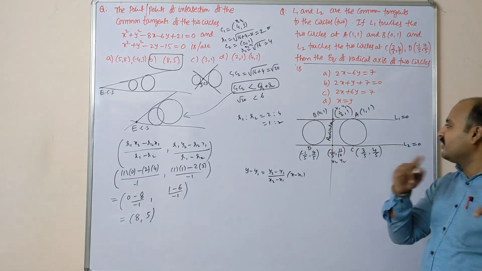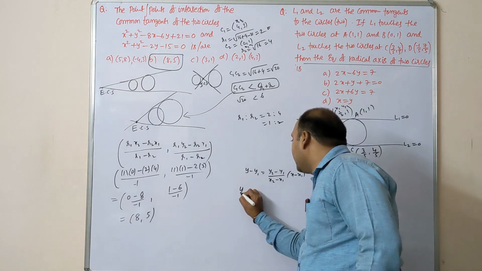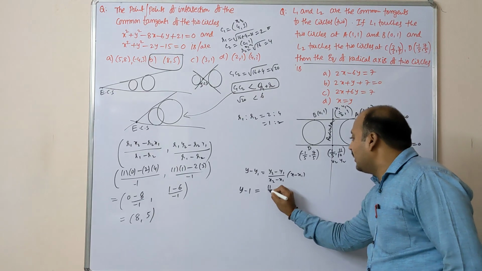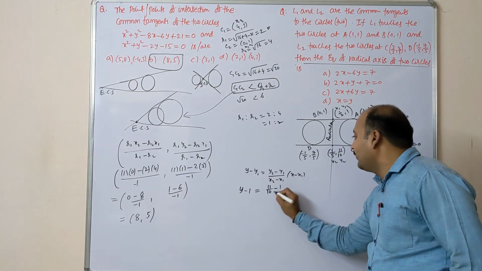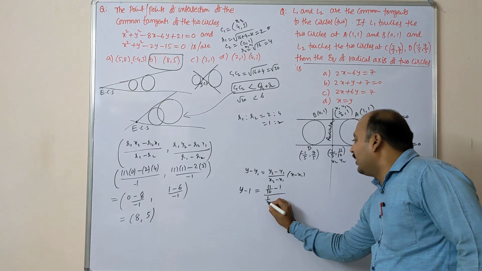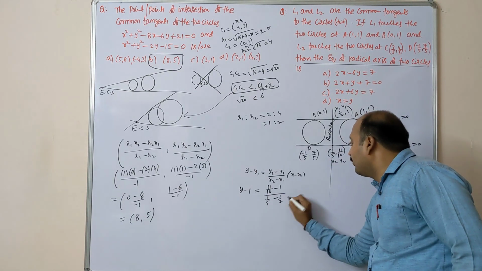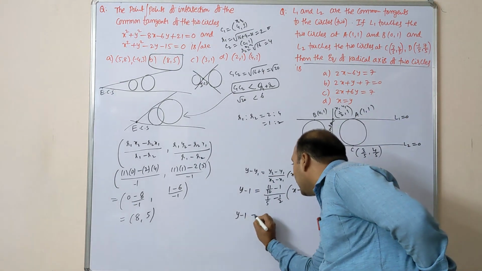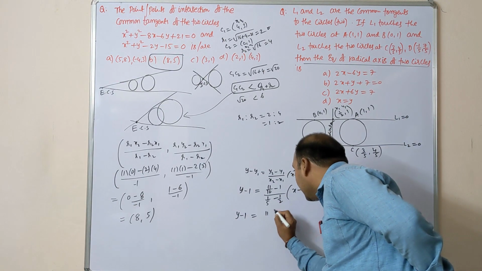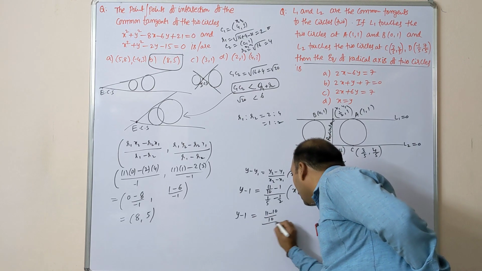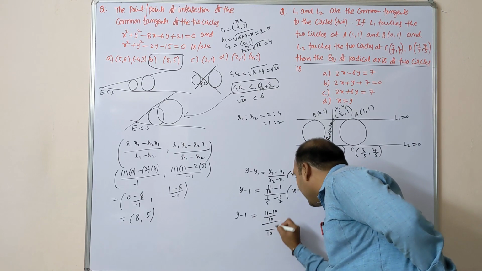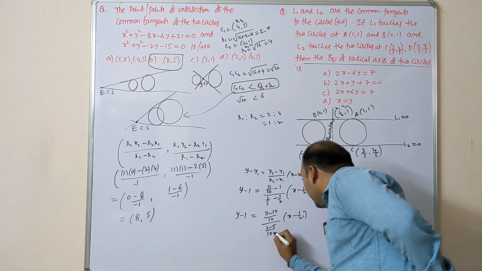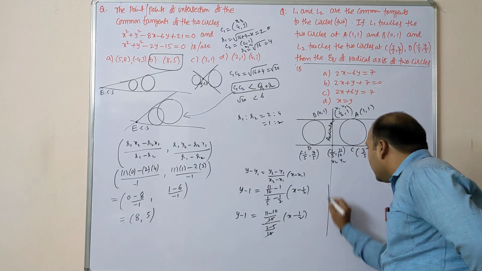So y minus y1, which is 1, equal to y2 minus y1, 11/10 minus 1, by x2 minus x1, 1/5 minus 1/2, into x minus x1, which is 1/2. So y minus 1 equals, taking LCM 10, (11 minus 10) divided by 10, whole divided by 10 LCM, (2 minus 5), into (x minus 1/2). Here the 10 gets cancelled. So we'll continue with this.